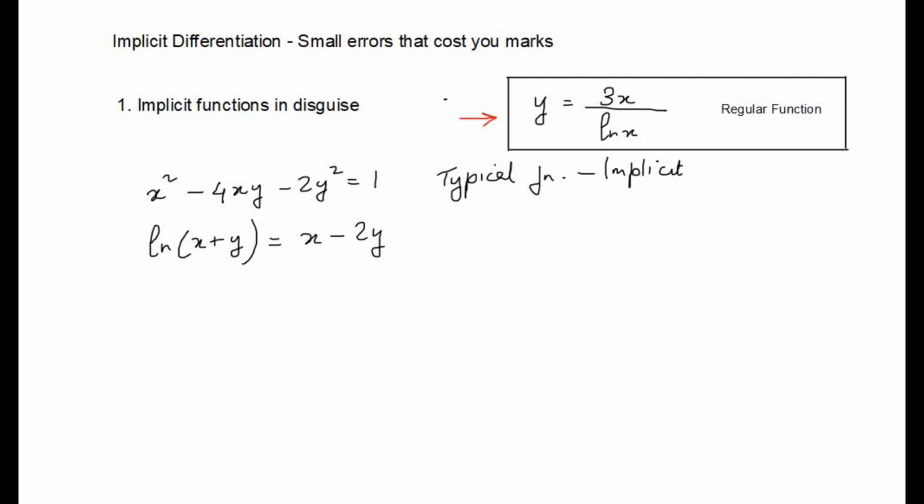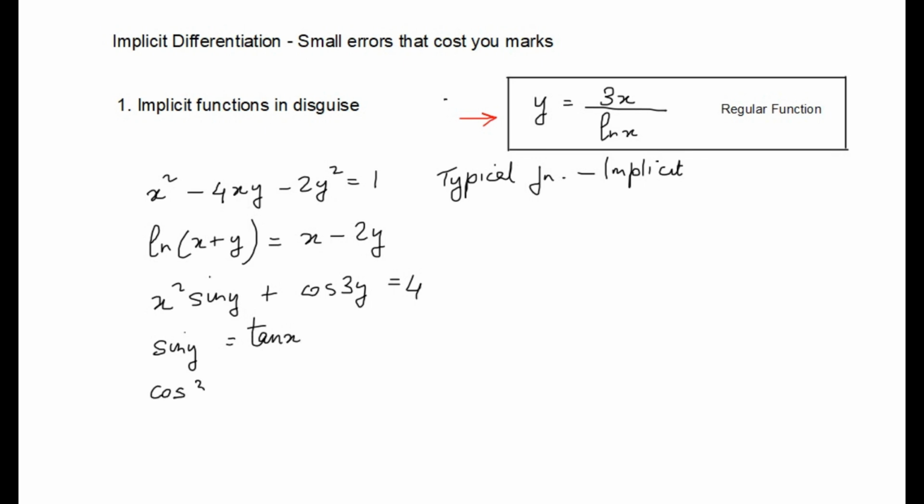Another example would be x squared sine y. You see how a y term and an x term are multiplied, plus cos 3y is equal to 4. This is also an atypical example taken from your past papers. I have a few more here. Sine y is equal to tan x. Once again, it's hard to make y the subject.